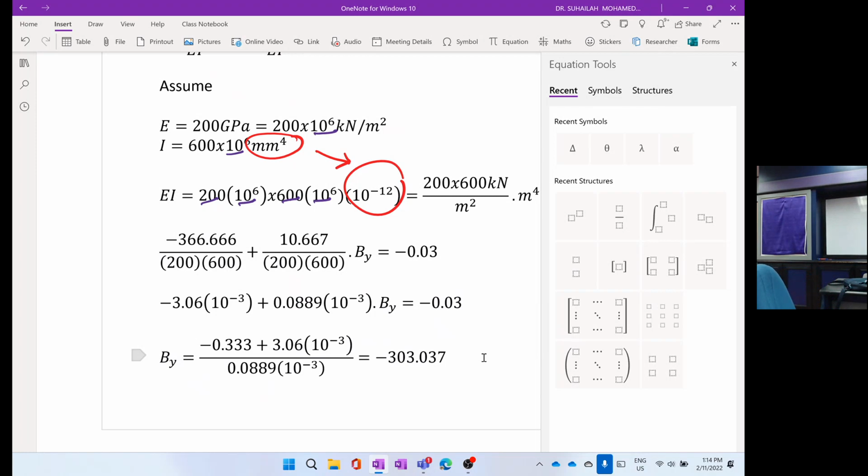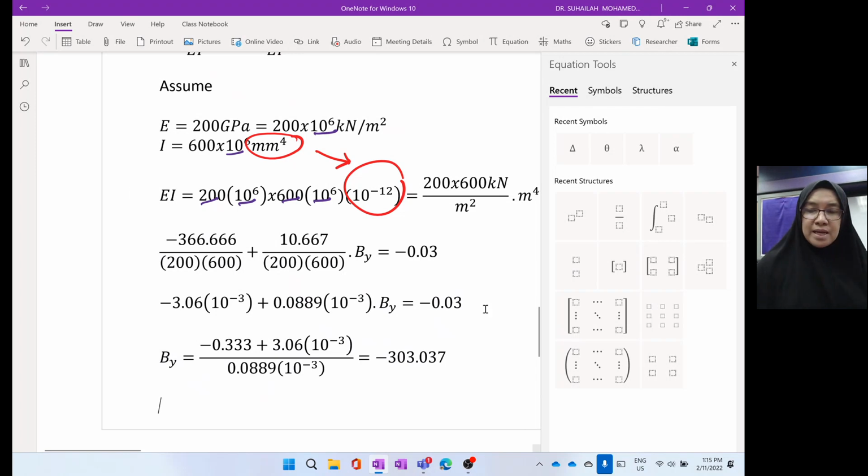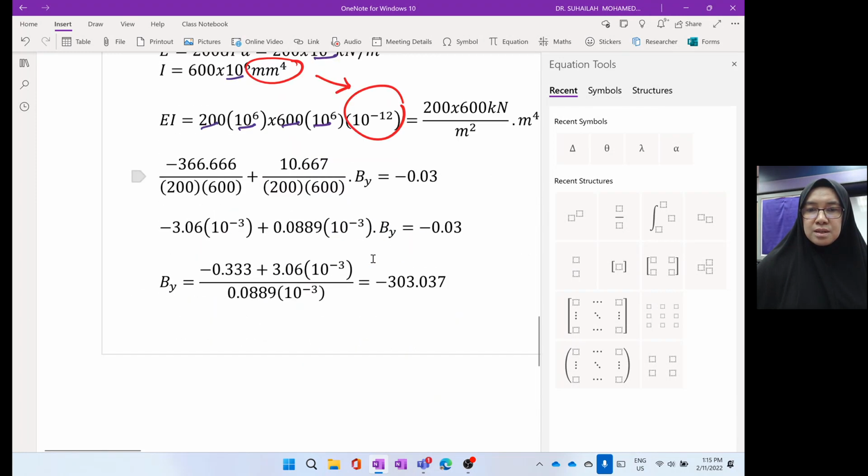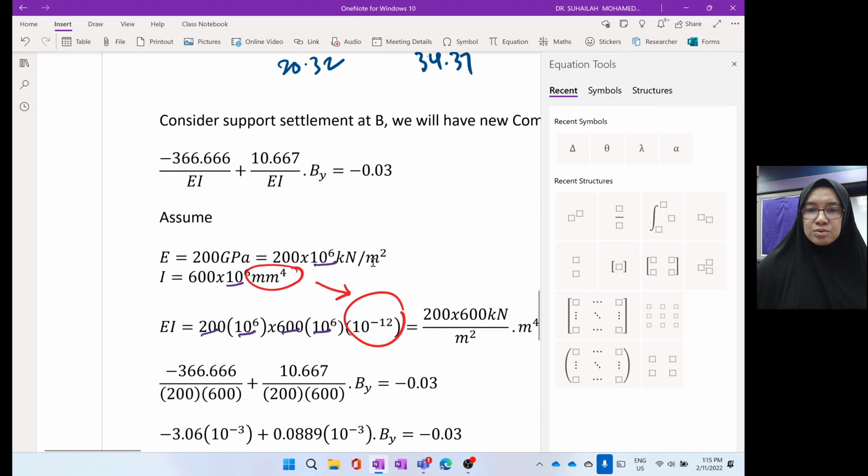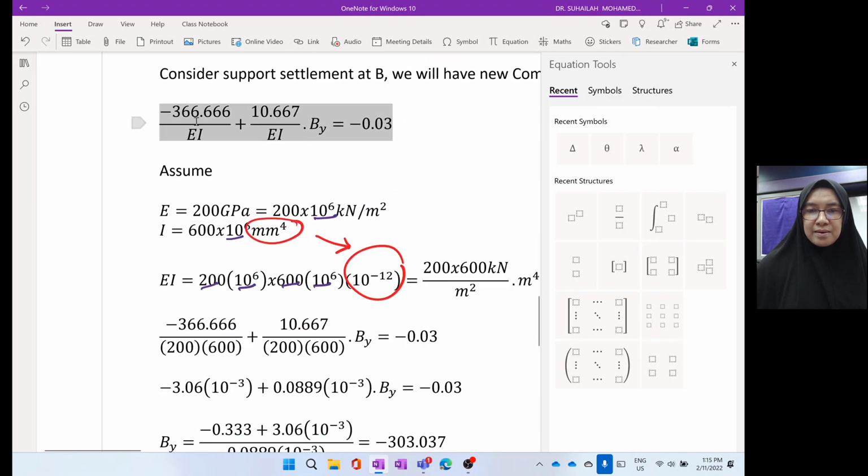Kita tukarkan 0.03 tu jadi in terms of EI. Yang ni kita ganti EI dalam data one note data dengan F11 kan. So jadi panjanglah step tu 2 kali kita kena bahagi kan. Boleh tak yang equation asal tadi tu, yang ni kan.